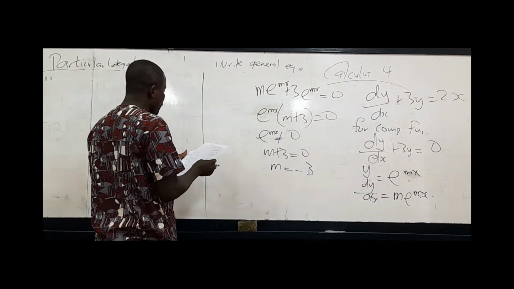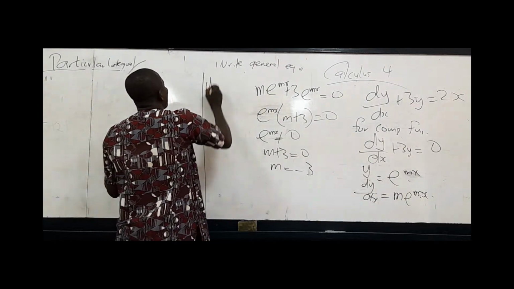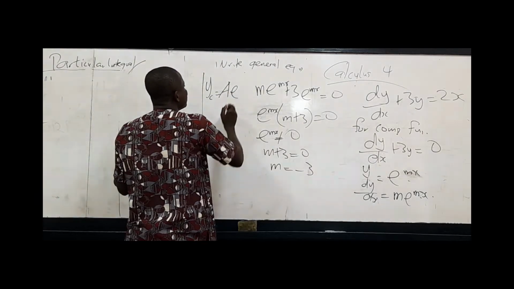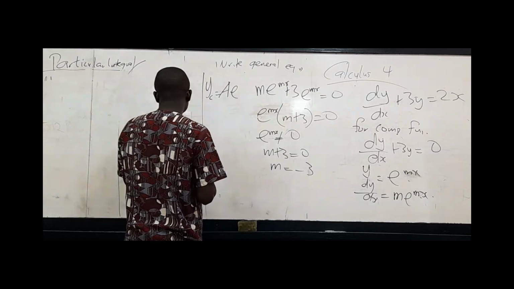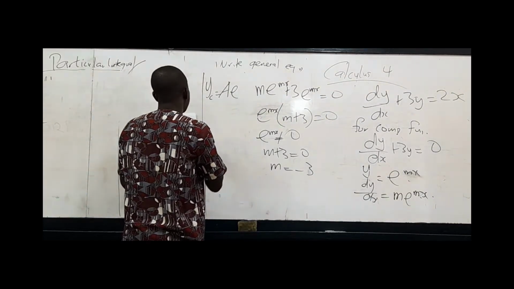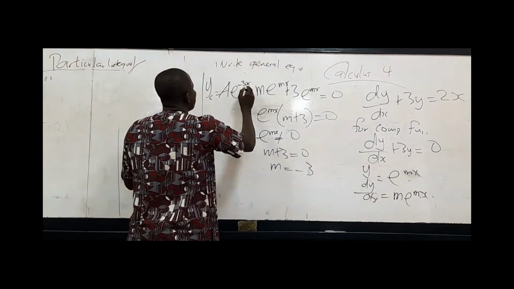So, if m is equal to negative 3, then of course, y complementary is equal to A e to the mx. What did we get for m? Let me check it from here. m is equal to negative 3, so in place of m you put negative 3 here, and then the x is here.